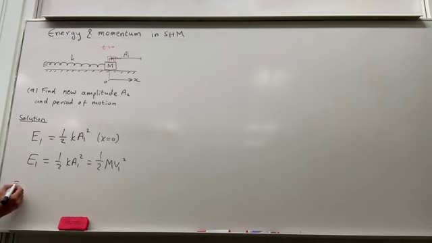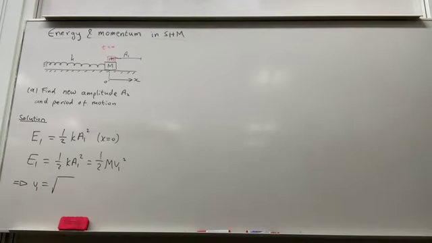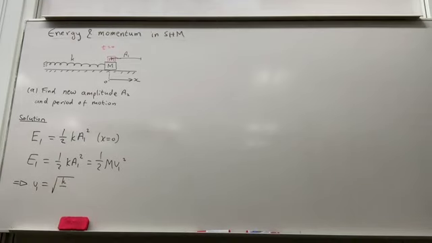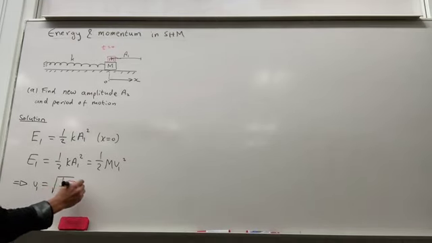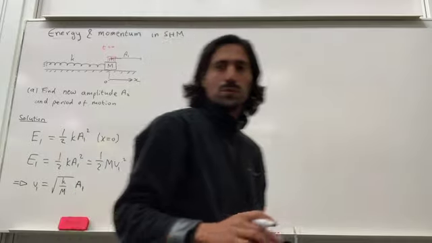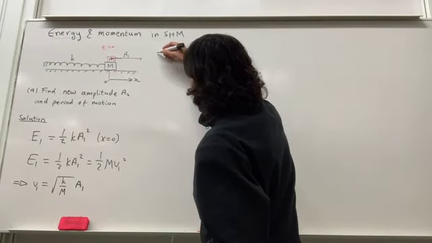So from here we can find v1. v1 is the square root of k over M times A1. We need the velocities, because when we move to conservation of momentum, we're going to make use of that.